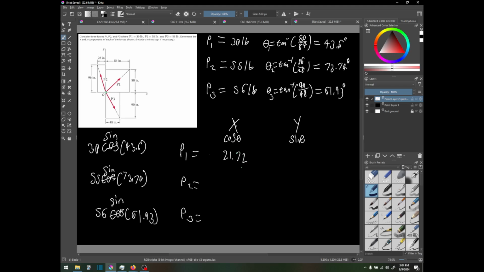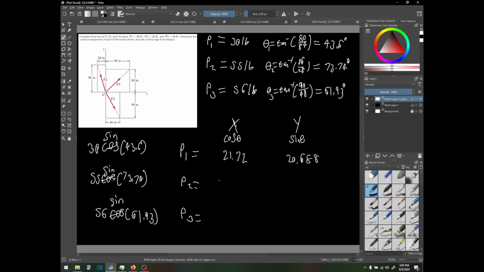21.72, and then P2 is going to be 55 cosine 73.74. Or I guess we can just do sine and cosine of each first. That makes a little bit more sense. So the 30 sine 43.6 is going to be 20.688.